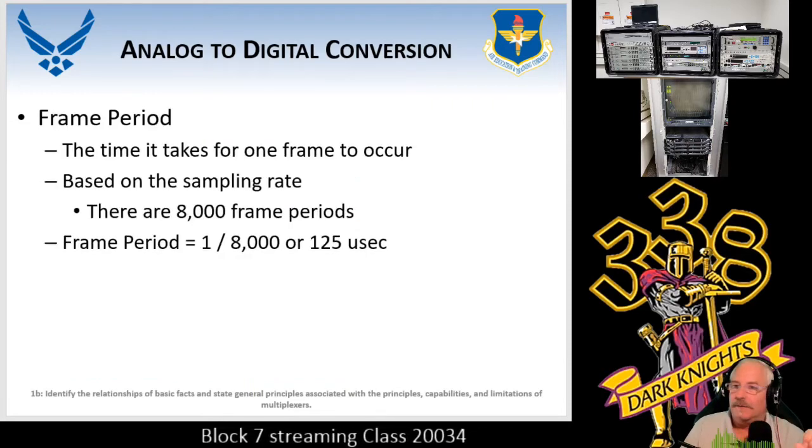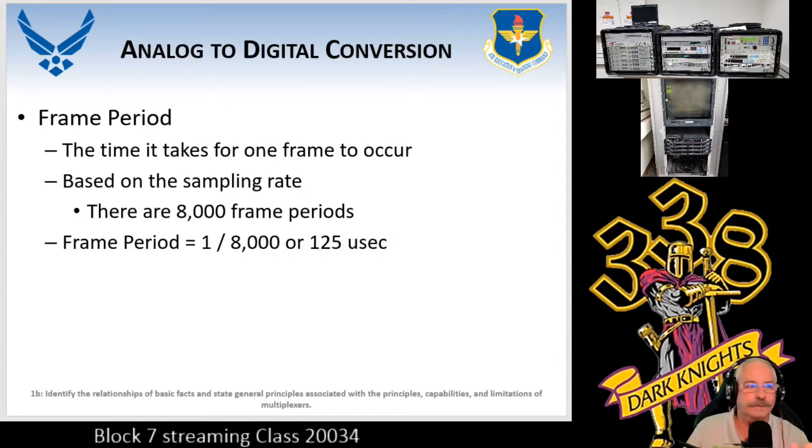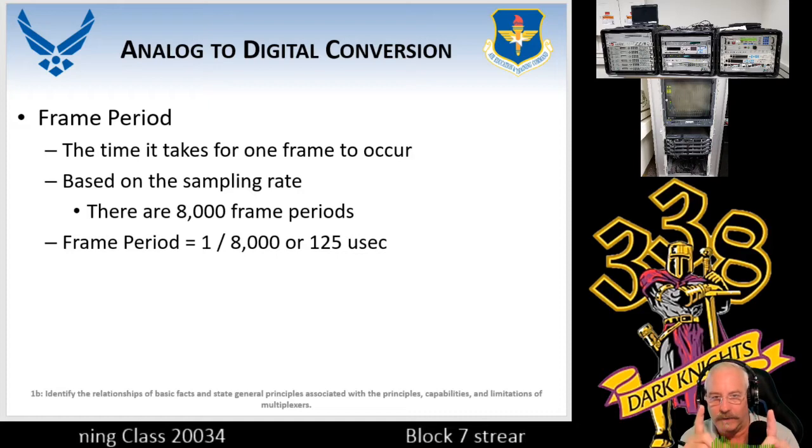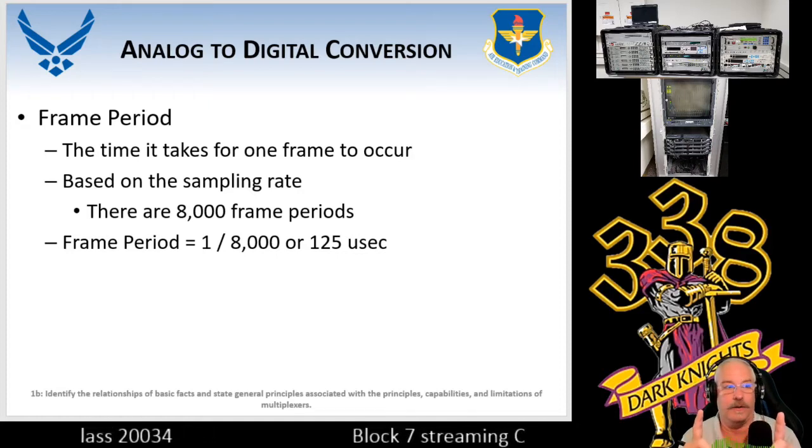Next up, we have something called a frame period. So we've changed now the analog to digital to what is it we need to do with frame periods. Well, when we take a look at a frame period, that is all these channels, and what we need to do is we need to find out how long it's going to take from point A to point B to sample all of those.